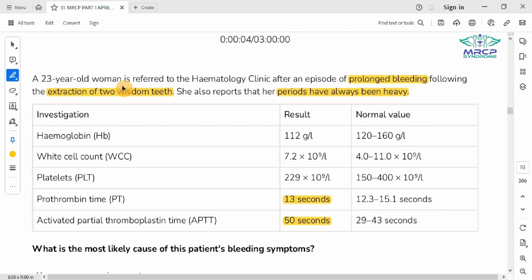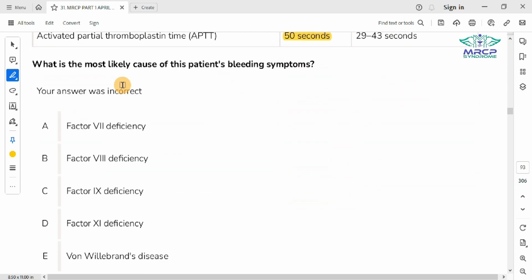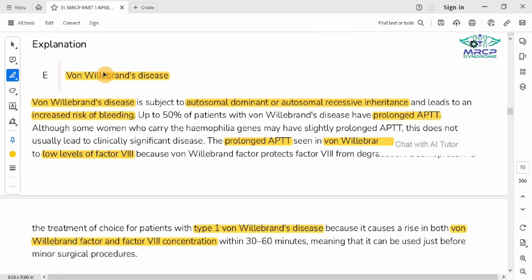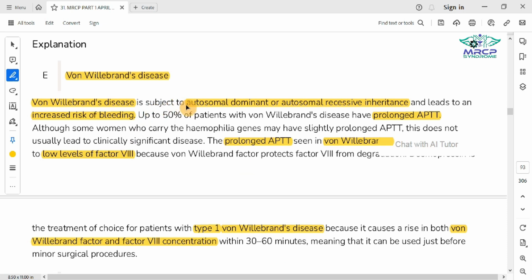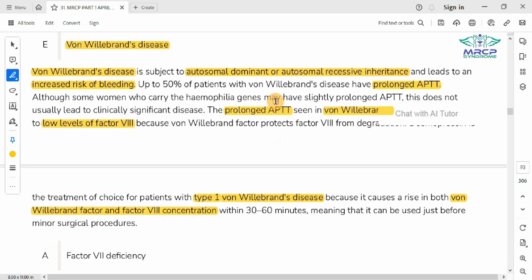So whenever you find a young female patient presenting with menorrhagia or prolonged bleeding following dental extraction or a minor surgical procedure, the most likely diagnosis is von Willebrand disease. Von Willebrand disease is autosomal dominant.